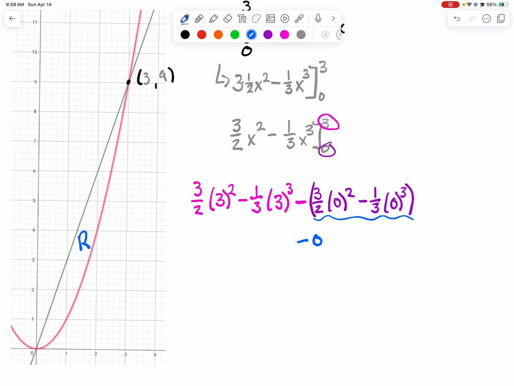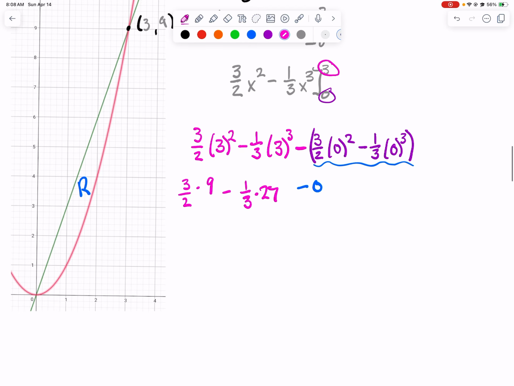Next, on the left side, we can keep moving. We're going to get 9 times 3 over 2 minus 3 cubed. So 3 times 3 is 9, times 3 is 27. So 1/3 times 27. Doing this here, 9 times 3 is 27.